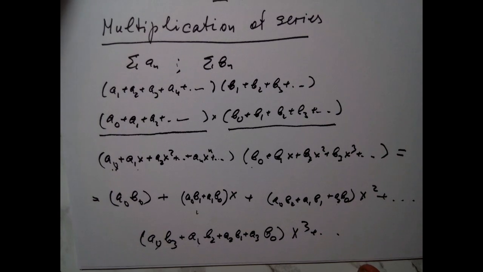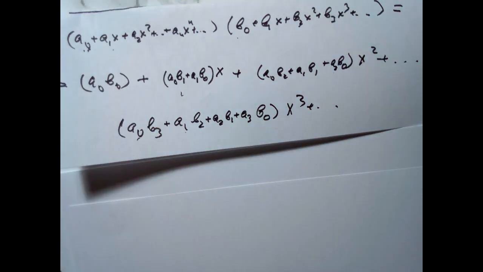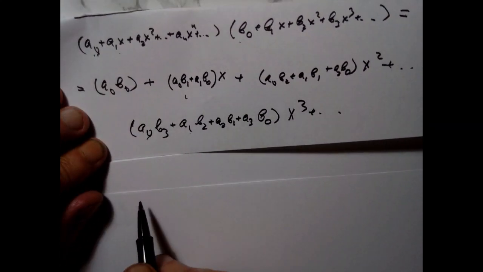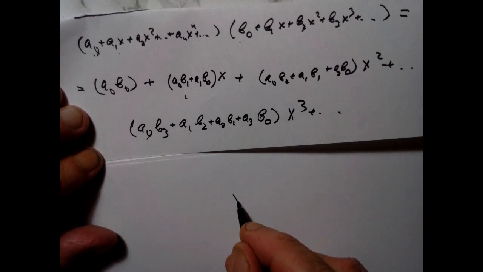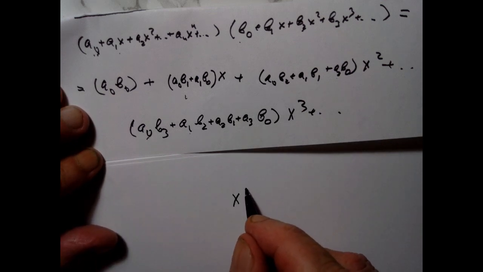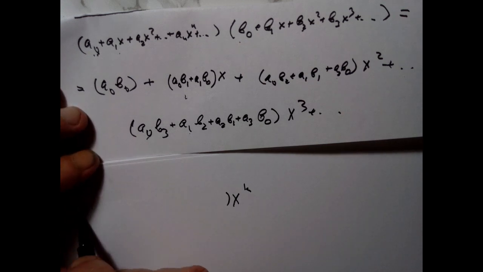So let me just try to generalize it a little bit here. I'm going to try to keep this page visible just for a second. Let's see if I can do it. All right. So what I will see here is that if I have x to the power, say, k, what will be the indices in front of it?